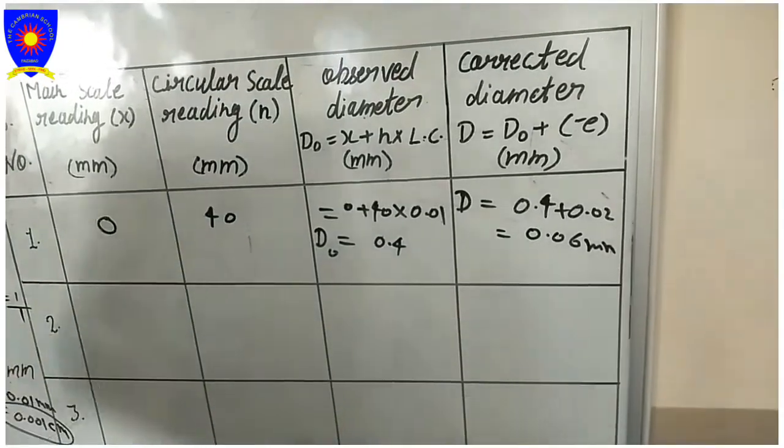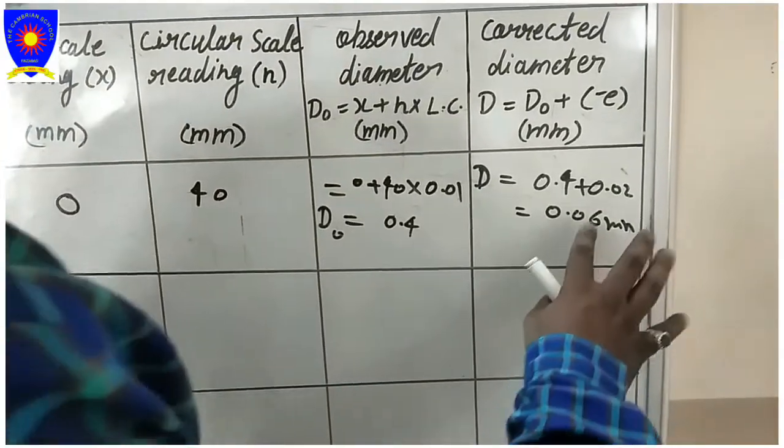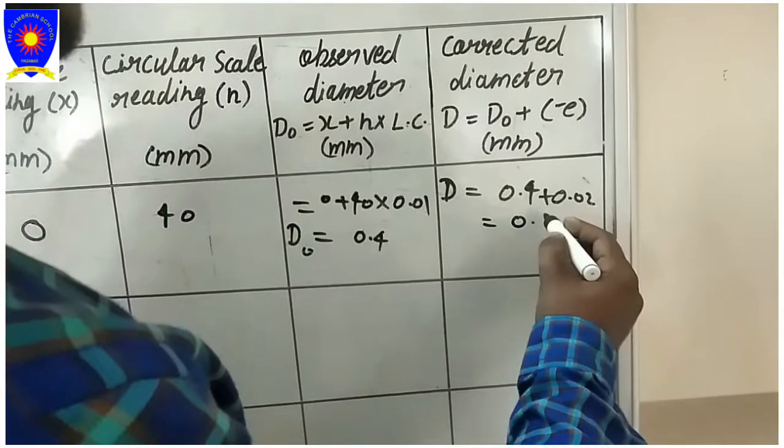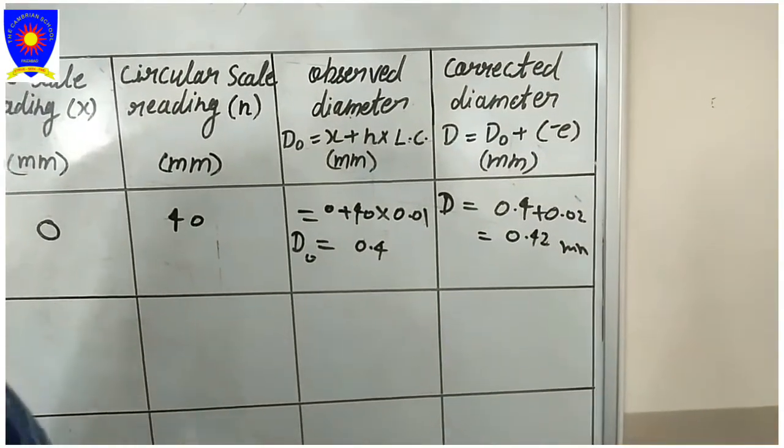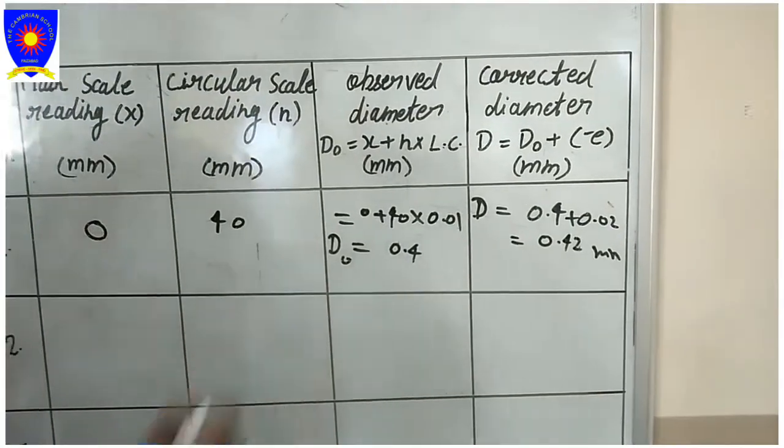So this is the first reading of the screw gauge. Its value will be 0.42 mm. So this is the diameter of the given wire, that is 0.42 mm. Its first reading you can see.